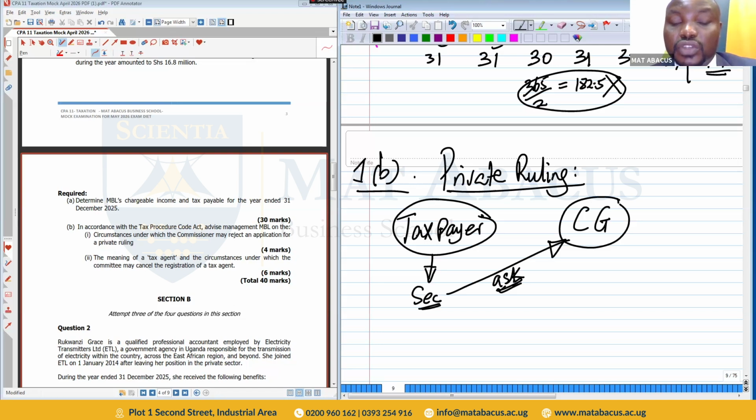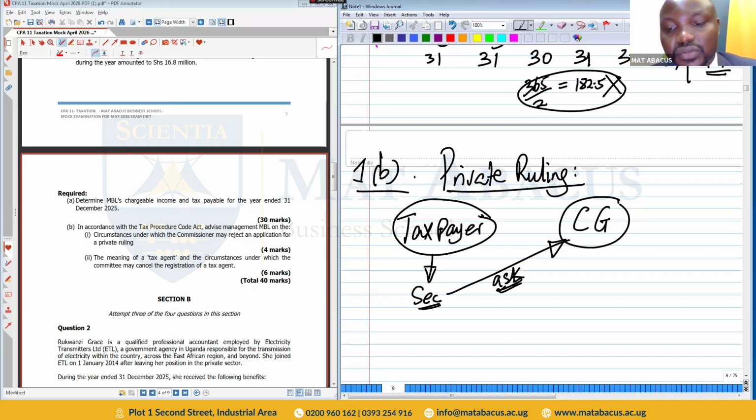Once the Commissioner General has provided that guidance to a specific taxpayer, we say that the Commissioner General has provided a private ruling.